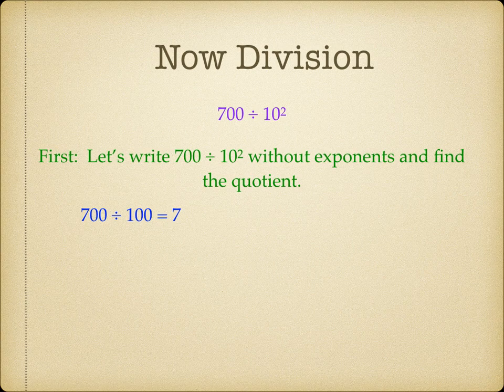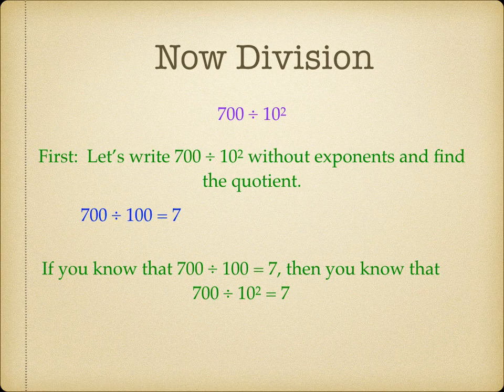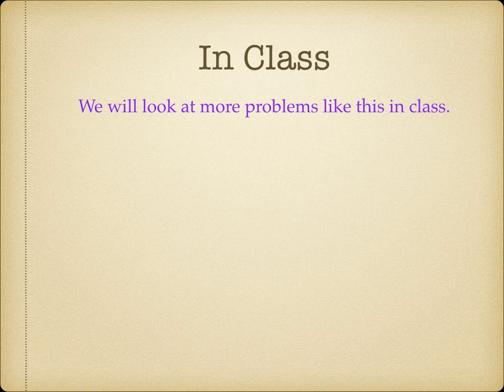Remember, 10 to the second power is 10 times 10. That's 100. So going further, if you know that 700 divided by 100 equals 7, then you also know that 700 divided by 10 to the second power equals 7. We're going to look at more problems like this in class tomorrow.